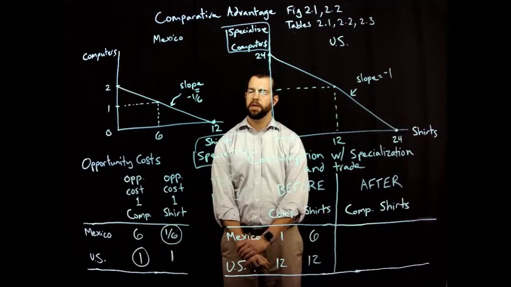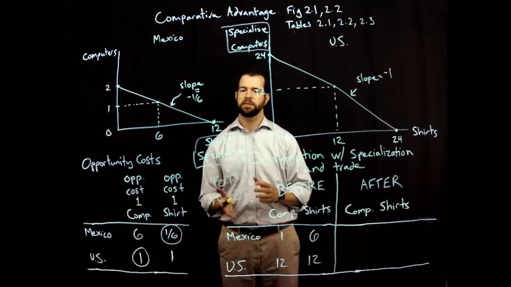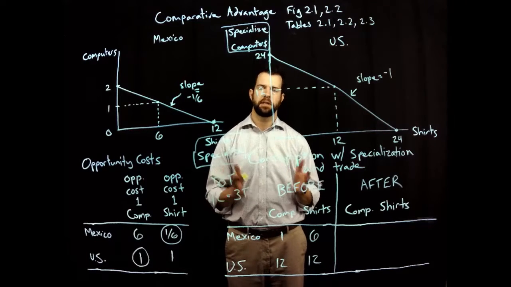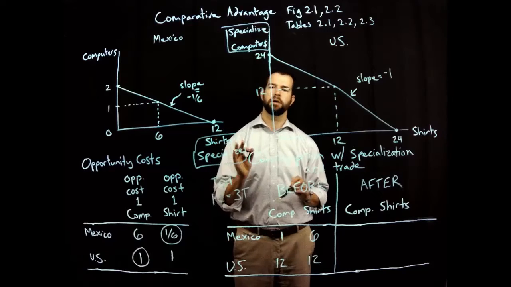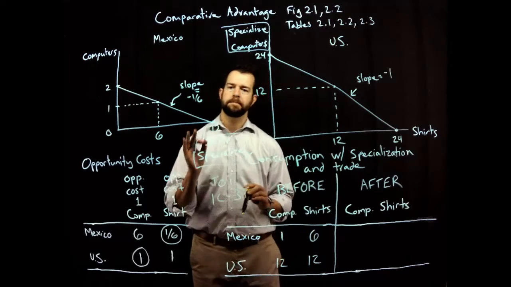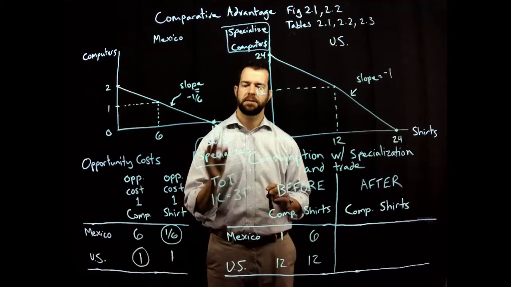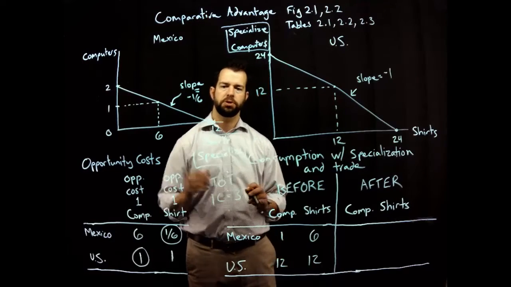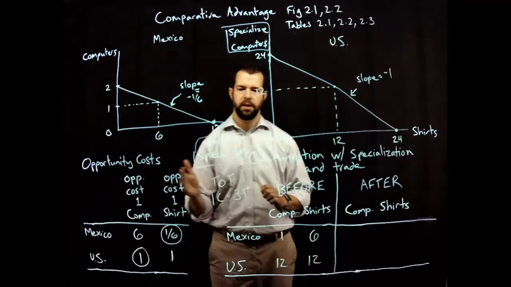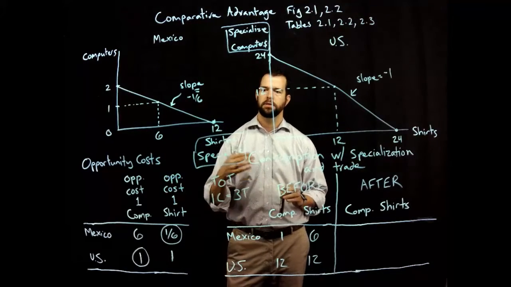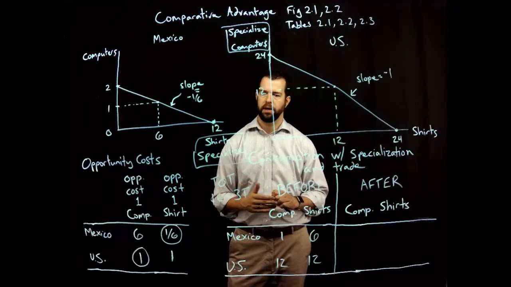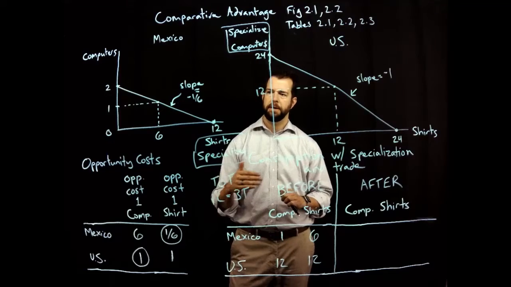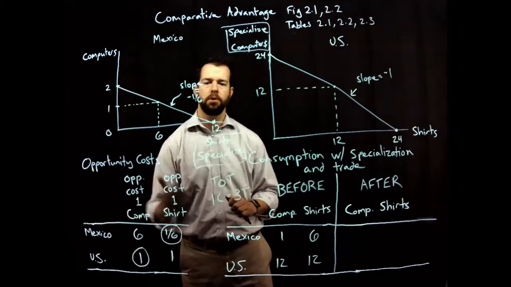Since Mexico produces less than the United States, we should start with Mexico and see how many shirts they want to trade with the U.S. Under this terms of trade, they can get more than before.